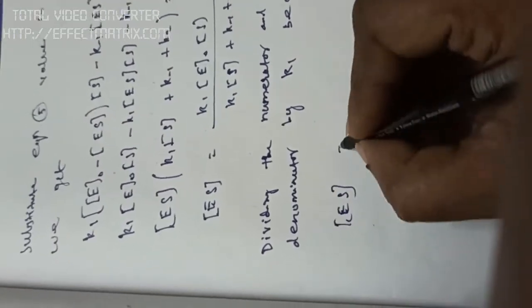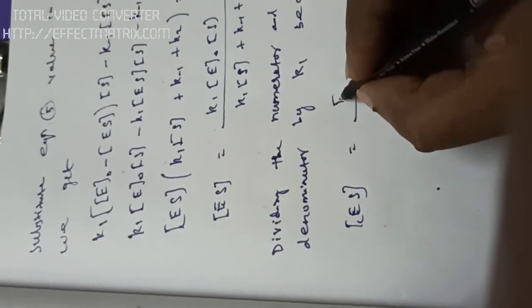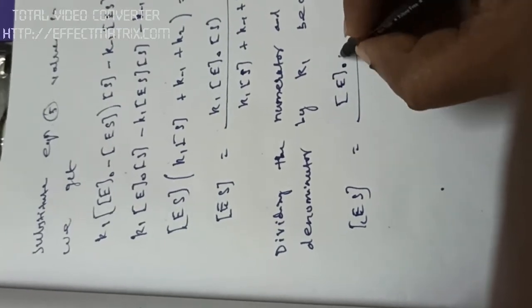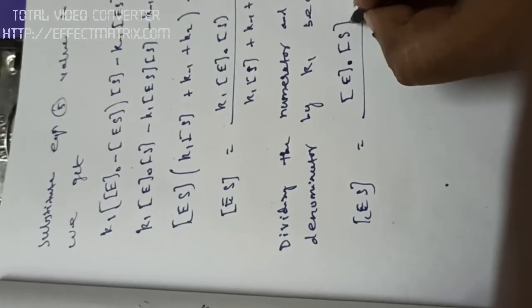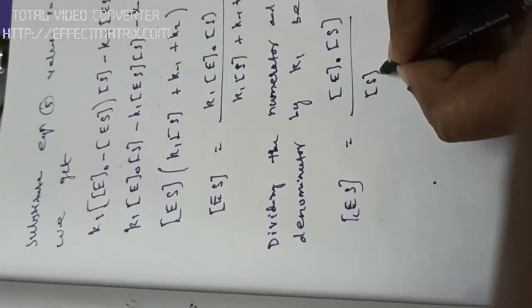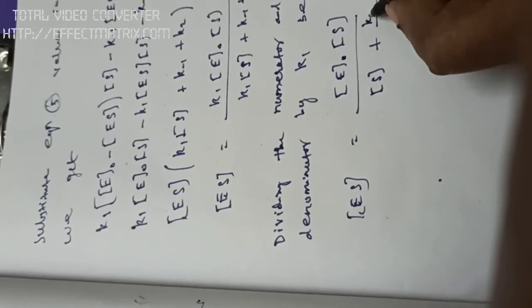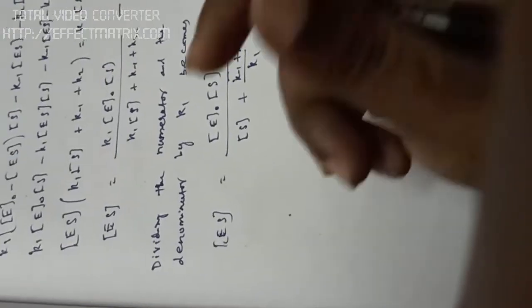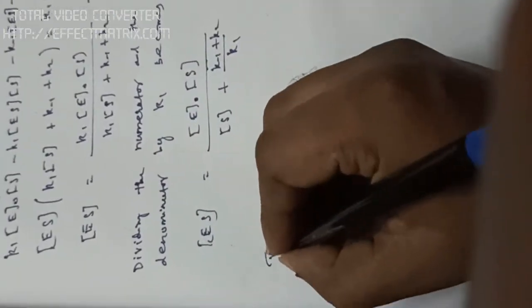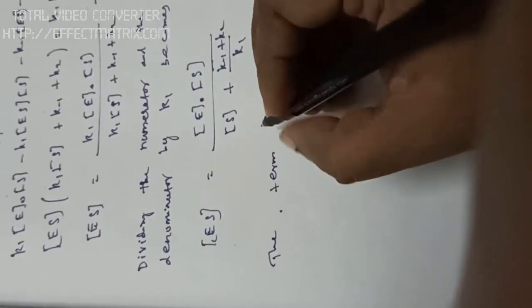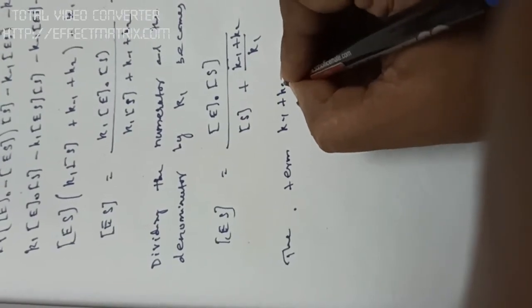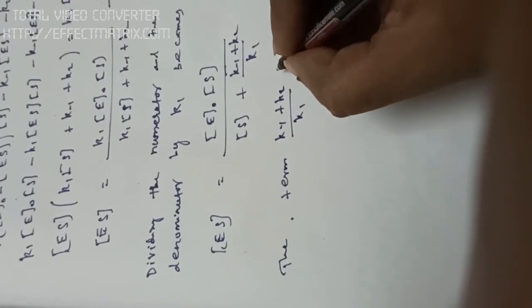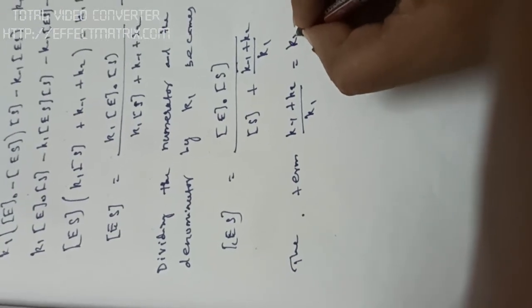concentration of ES equals concentration of enzyme times substrate divided by K minus 1 plus K2 divided by K1. Equation 8. The term K minus 1 plus K2 divided by K1 is equivalent to Km.